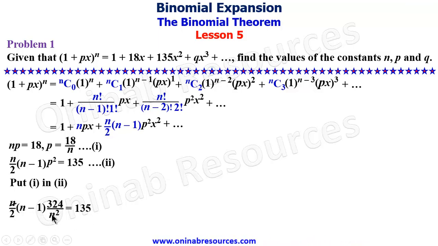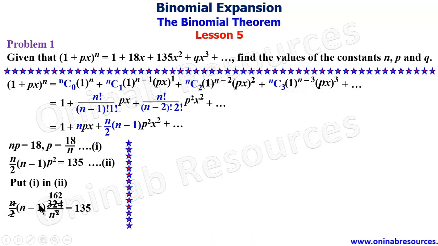So n, we remove one of the n's here, and 2 into 324 gives 162. 2 goes into 2 to give us 1. So we are left with (n minus 1) into 162 over n. We can then cross multiply from here. We have 162 into (n minus 1) is equal to 135n.